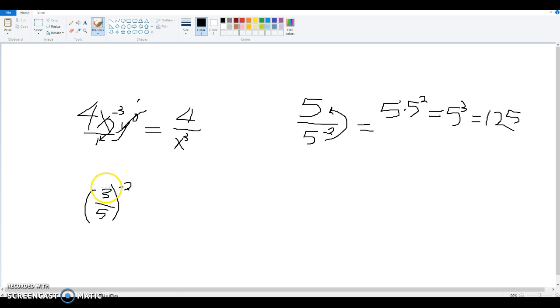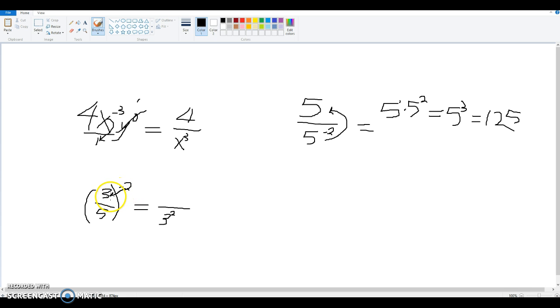This exponent applies to all of your terms, so both the numerator and the denominator in this fraction. So this negative 2 applies to the 3, which means I'm going to move that 3 to the bottom and make it 3 squared. Right, 3 to the negative 2, I move it down.